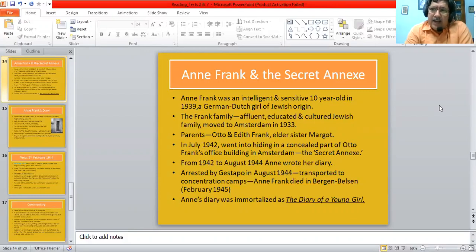Her writings and her diary, however, remained, and her diary was immortalized as the diary of a young girl. So she continued to live on many, many years after her death. And it was a great writer who was never able to blossom, but was cut short tragically by the cruelty of the persecution of the Jews during the war.